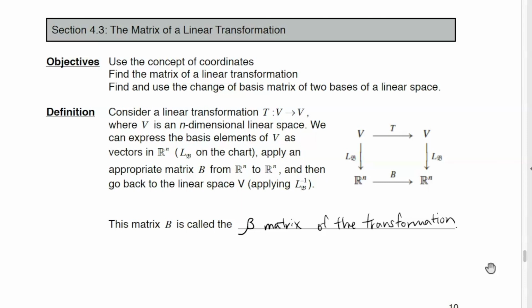Okay, so with that introduction in mind, let's go over the notes using Eric Cheng's again. So here's the same sketch that I discussed just now, and the matrix B that we talked about is called the B matrix of the transformation.